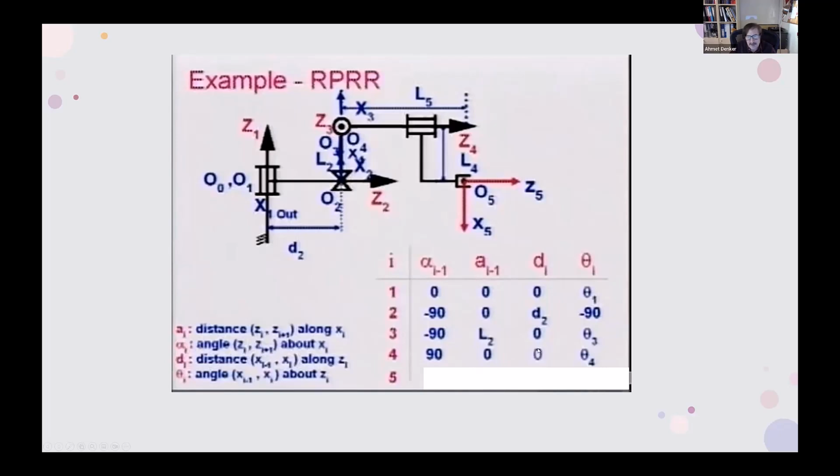There is no D distance because the joints are all revolute. And there is a theta which comes from the angle theta 4. So this leaves us with only one line now.